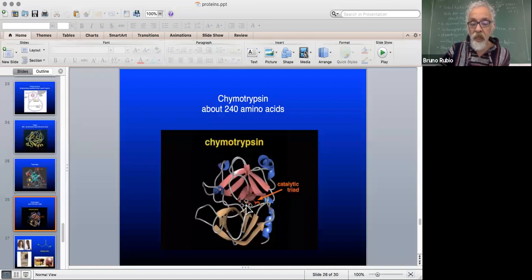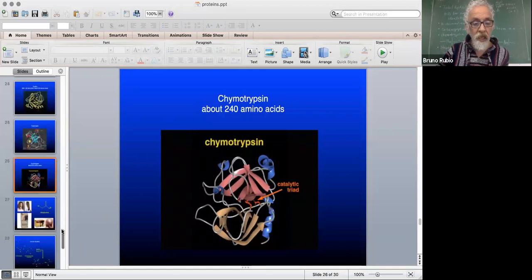It's 3 amino acids: a serine residue, a histidine residue, and an aspartic acid residue. And this is where the actual digestion, or breaking apart of a protein, happens, in this active site where the catalytic triad is.